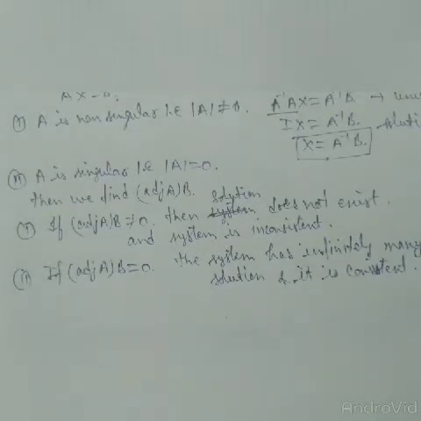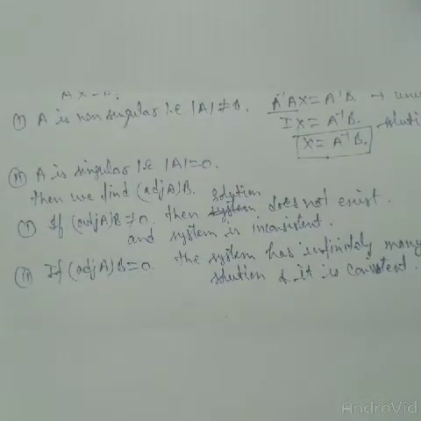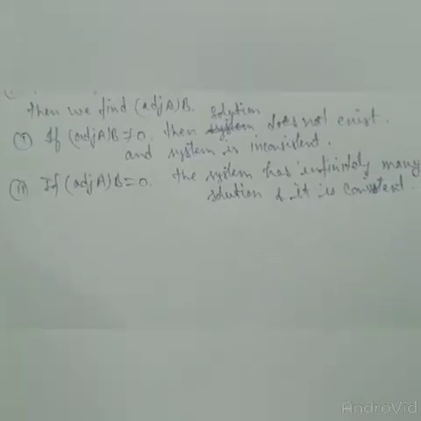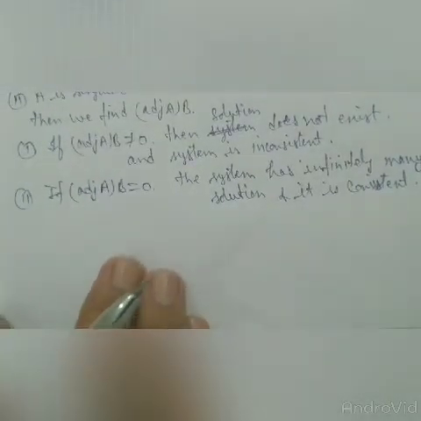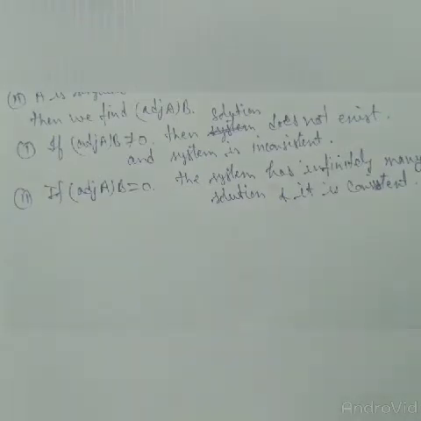Clear? So for the solution of equations, we have to find the inverse of a matrix, and for the inverse of a matrix we must know about cofactors, how we find cofactors and the inverse of a matrix.